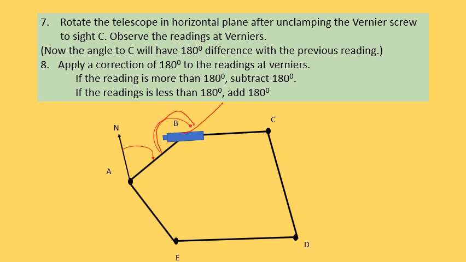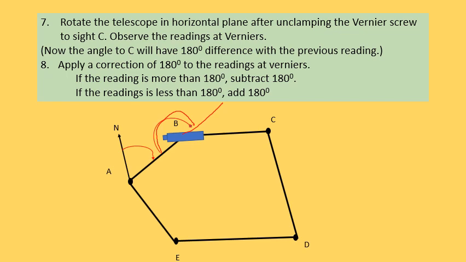So what you have to do? Now the angle to C will have a 180 degree difference with the previous reading. As we have to rotate unnecessarily through 180 degrees to move to the next point, we have to do some correction. So apply a correction of 180 degrees to the reading at the verniers.